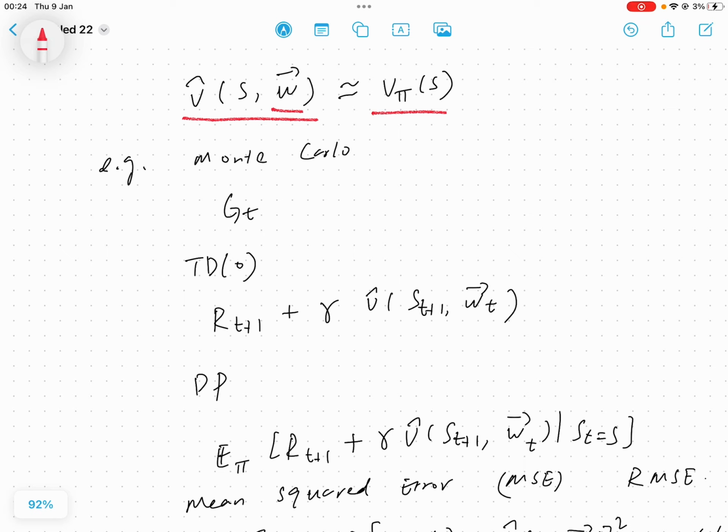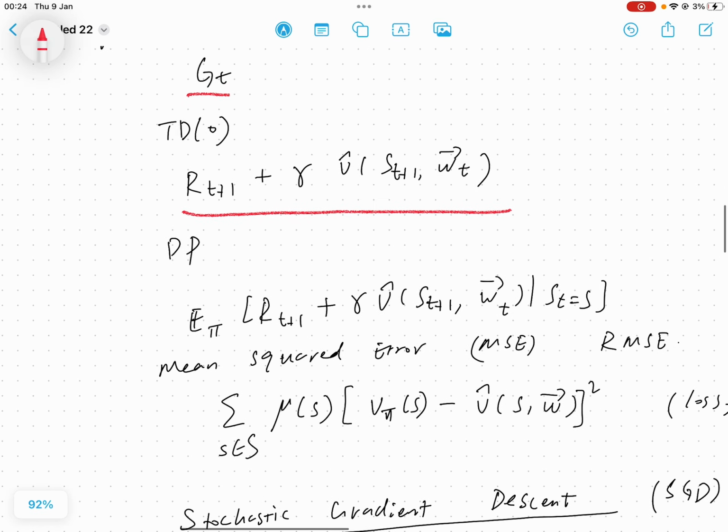Good. So let's first have a look at the traditional algorithms that we saw before. In Monte Carlo, the ground truth or the target that we're going to approximate is G_t. In TD(0), it is the immediate reward R_{t+1} plus gamma times v hat of S_{t+1} and w_t as a vector.